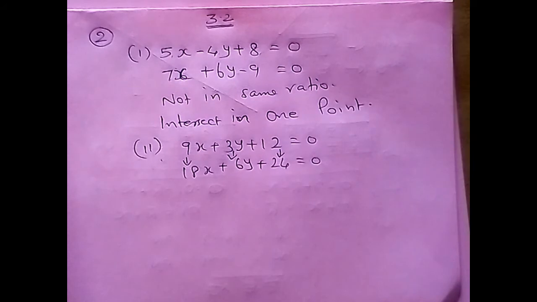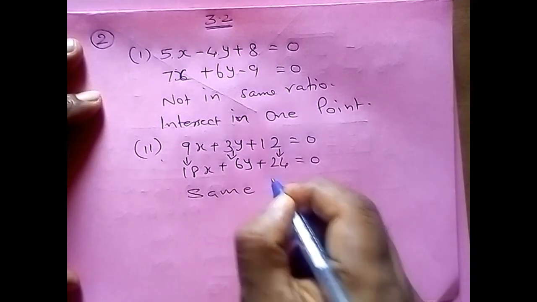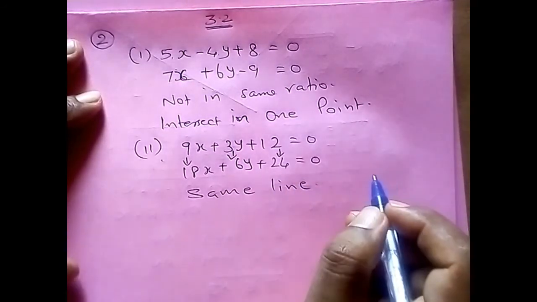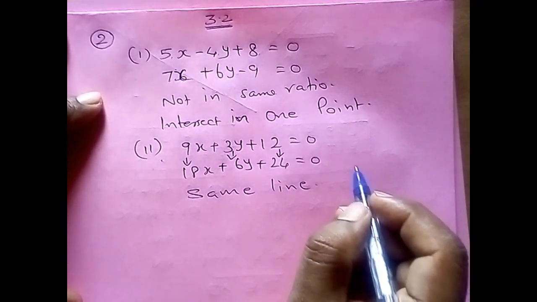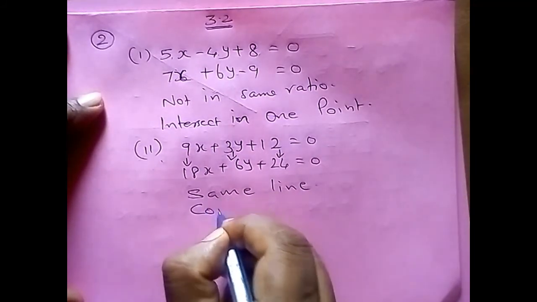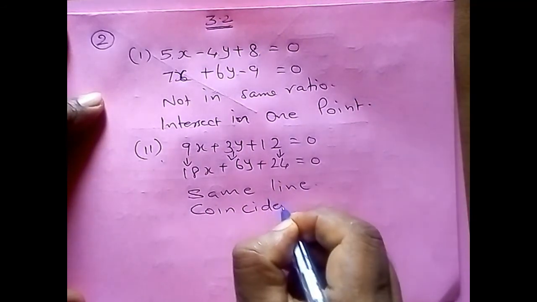That means both equations represent the same line. So these two lines intersect at all points, they are coincident.